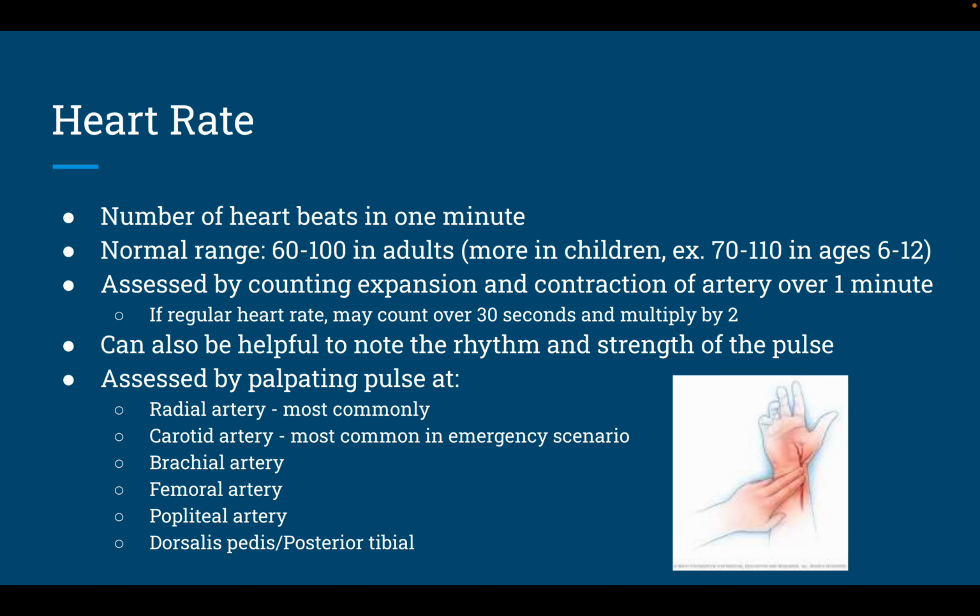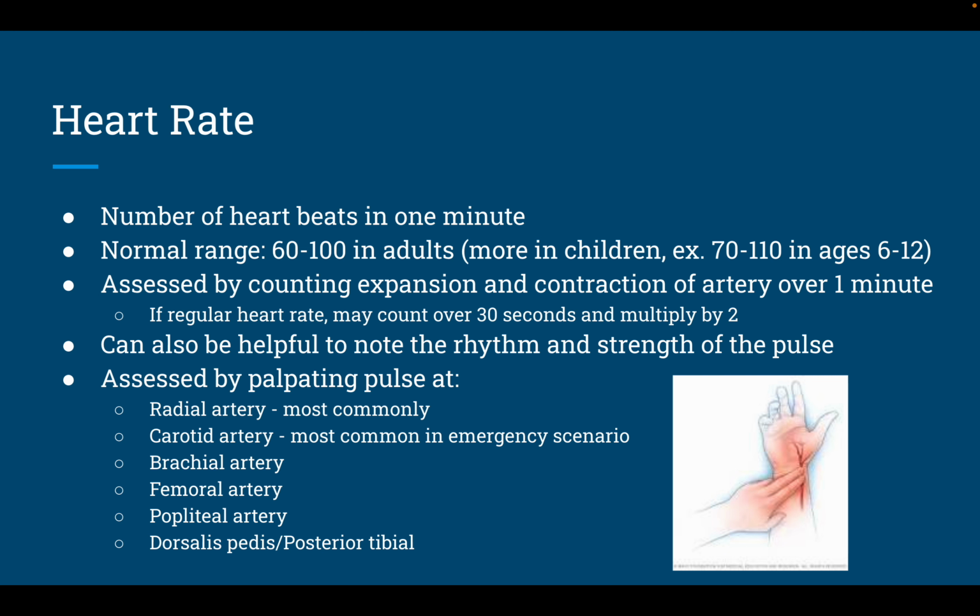You can again count over 30 seconds, multiplied by 2 if it's a regular heart rate, and it can be helpful to note the rhythm and the strength of the pulse at this point. So you're noting, is this a weak, thready pulse? Is this a bounding or strong pulse? Is this coming at a regular interval, or is it coming at irregular intervals?